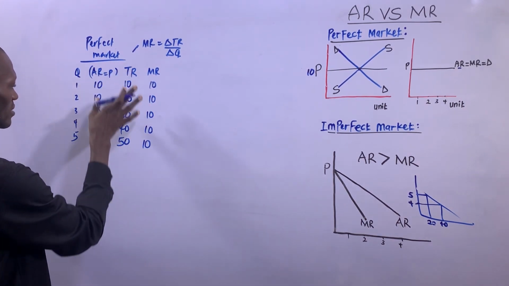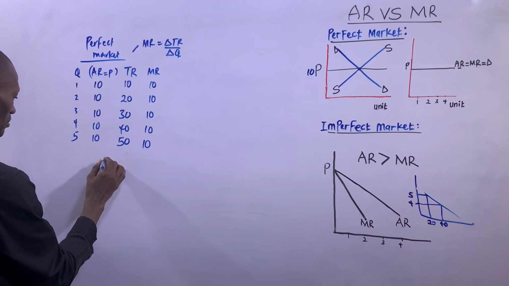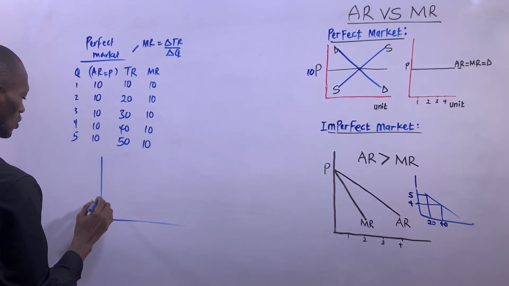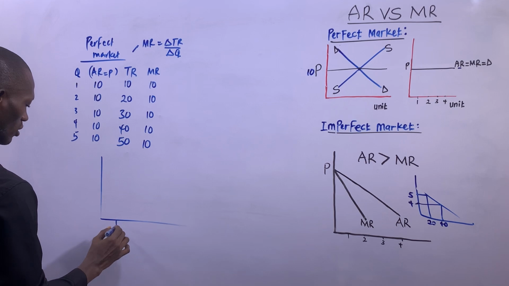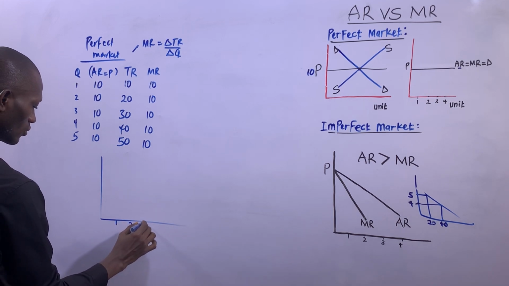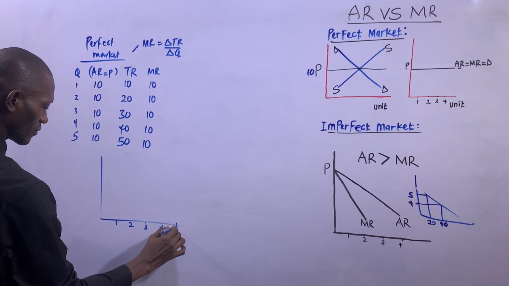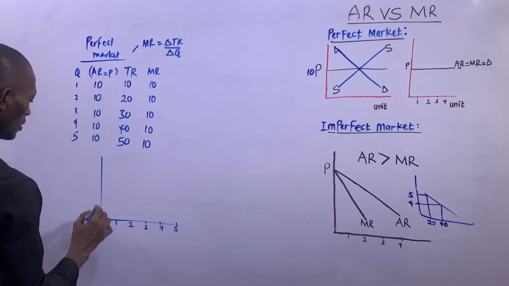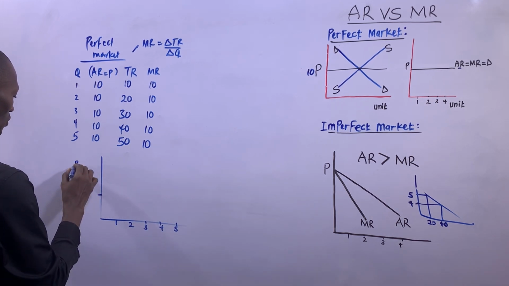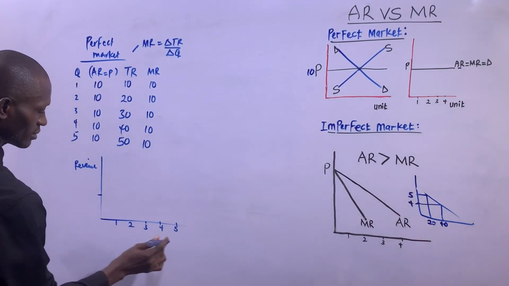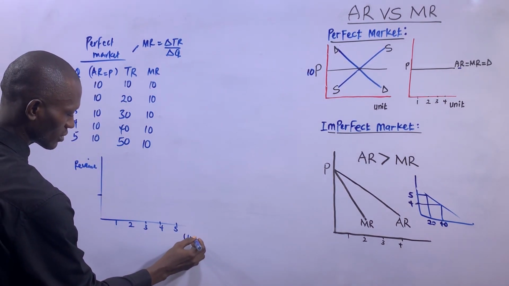Drawing this now, you have something of this nature. This is our units: 1, 2, 3, 4, and 5. Let's say this is our revenue region, the vertical axis, and the horizontal axis is the units.